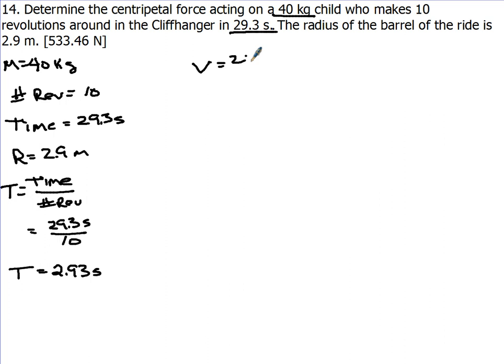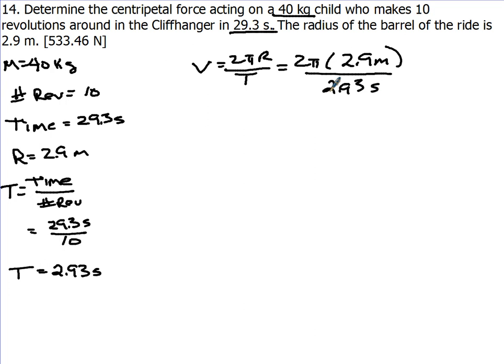V is 2 pi r divided by the period. So it's 2 pi, what was my radius? 2.9 meters divided by the period, which I just found to be 2.93 seconds.